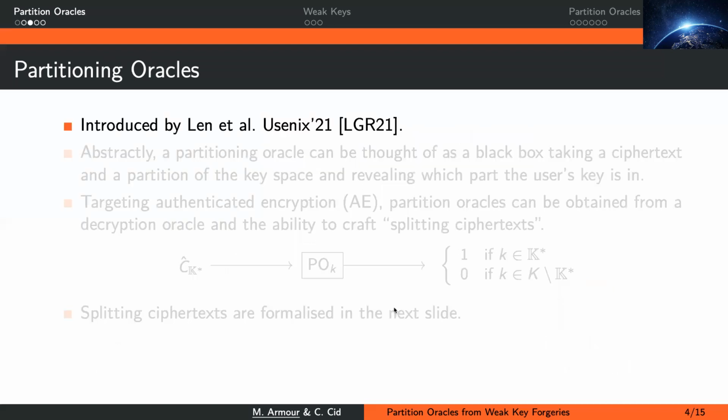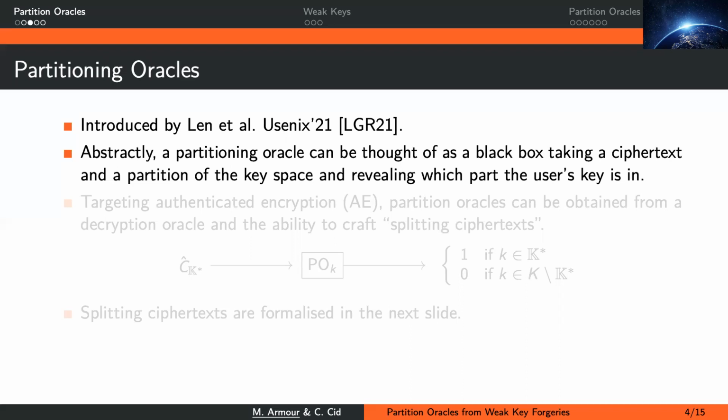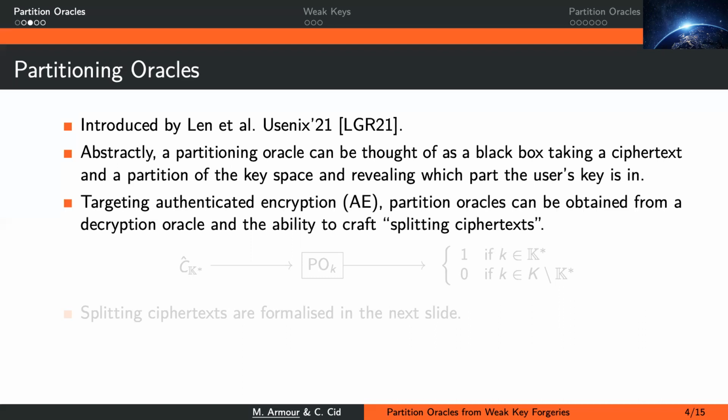So partition oracles were introduced at Usenix by Len, Grubbs and Ristenpart. Abstractly, a partitioning oracle can be thought of as a black box taking a ciphertext and a partition of the key space and revealing which part the user's key is in. Thinking about authenticated encryption, partition oracles can be obtained from a decryption oracle and the ability to craft so-called splitting ciphertexts.